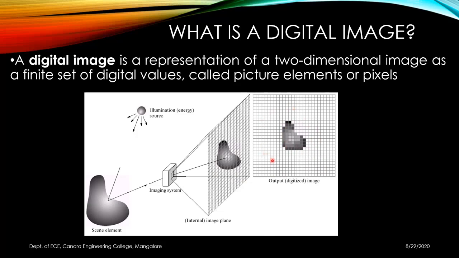So this is a digital image, and you can see here the input image has smooth edges, but the digitization process leaves you with square edges or digitized edges.